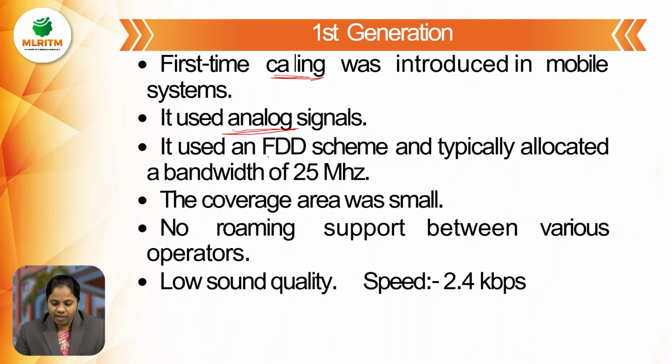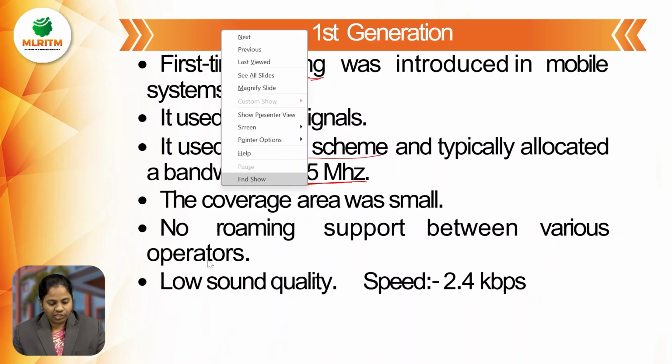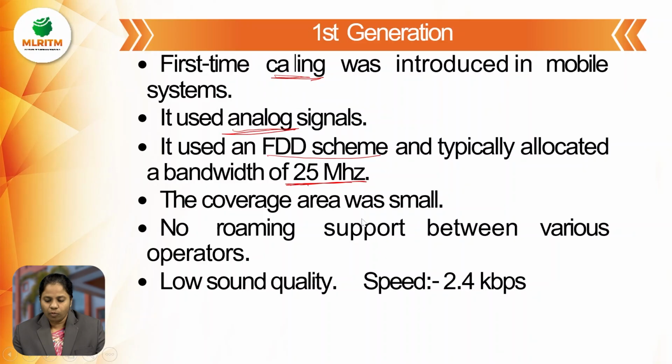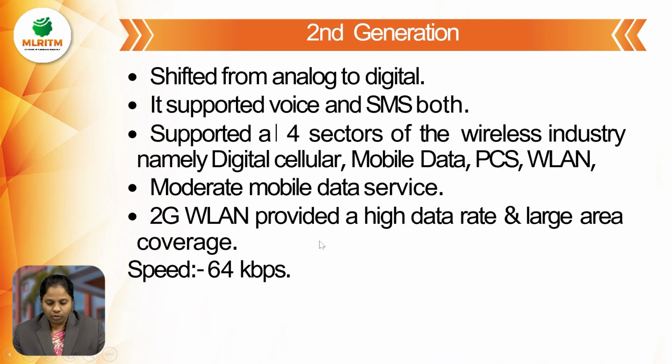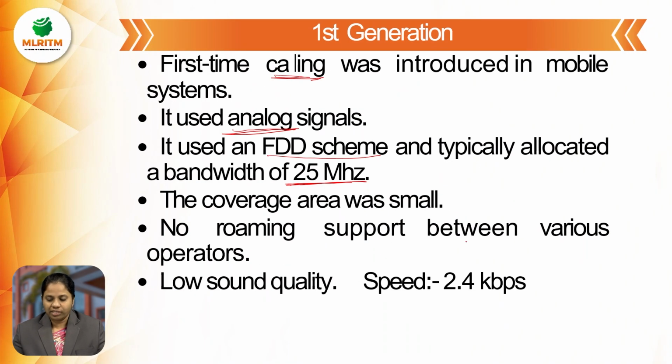It used an FDD scheme, typically allocated with 25 megahertz. The coverage area was very small, with no roaming support between various operators. The sound quality was very low. The speed was 2.4 kbps.